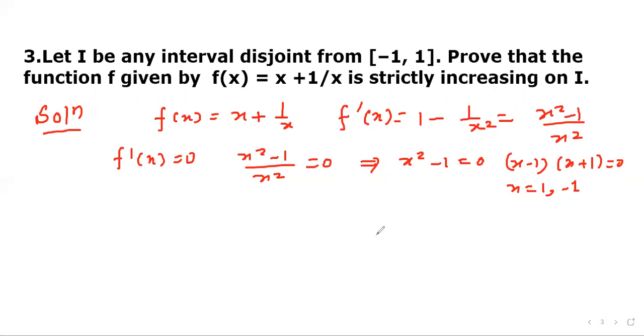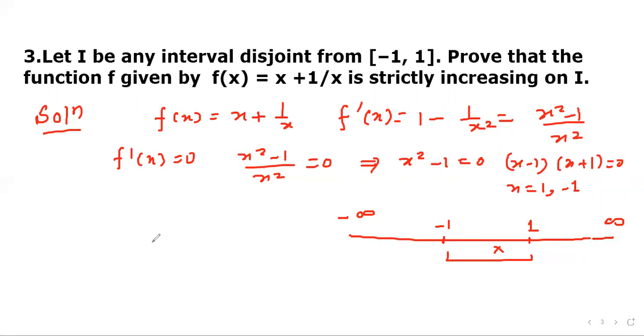Now this is minus 1, this is 1, this is plus infinity, this is minus infinity. Question says, I be any interval disjoint from -1 and 1. So we don't have to consider this interval. Only these two intervals are to be considered. So if we consider minus infinity to -1, then f dash x will be here.